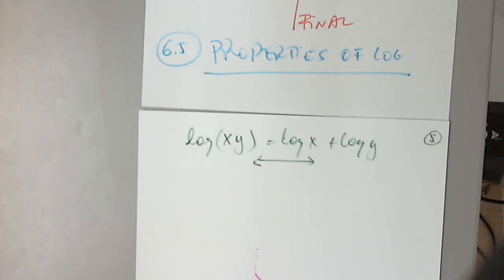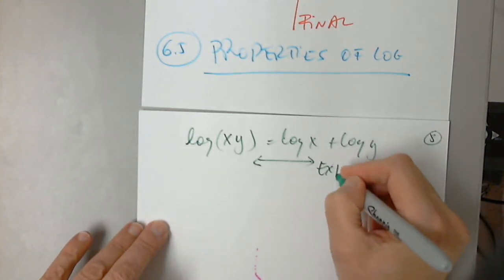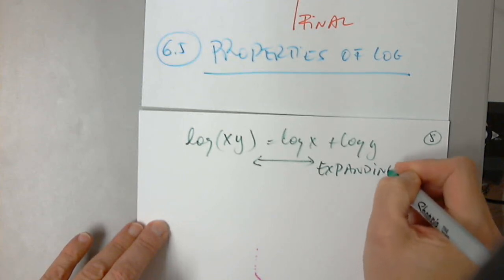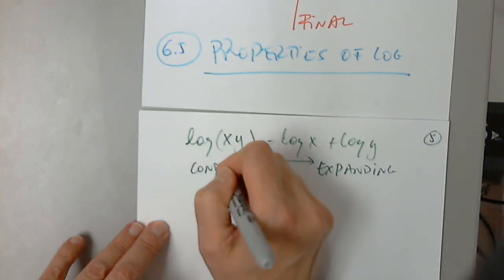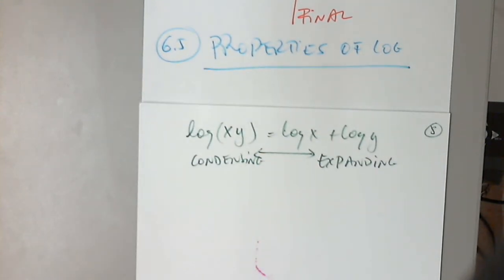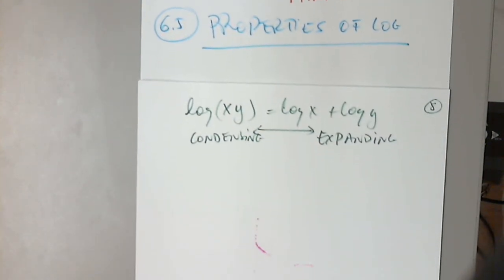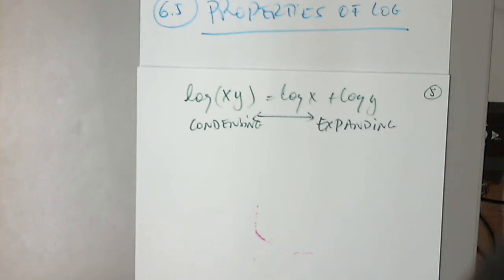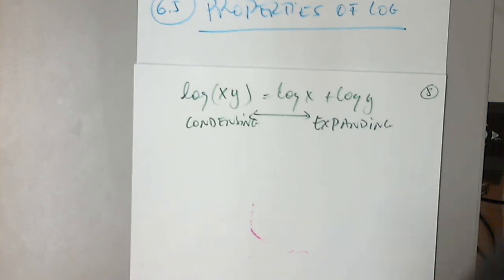This is expanding, and this is condensing. I'm going to write that. So this way is expanding. This way is condensing. For all three. And we're going to go either way based on the problem we're looking at.